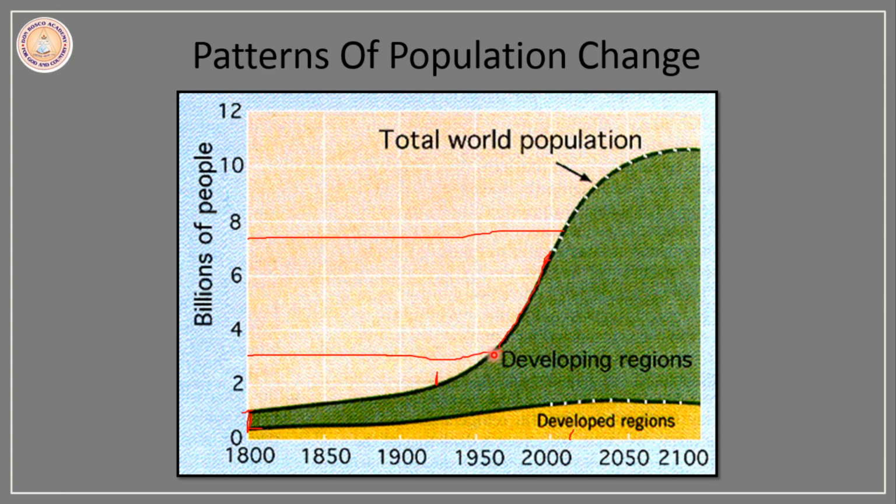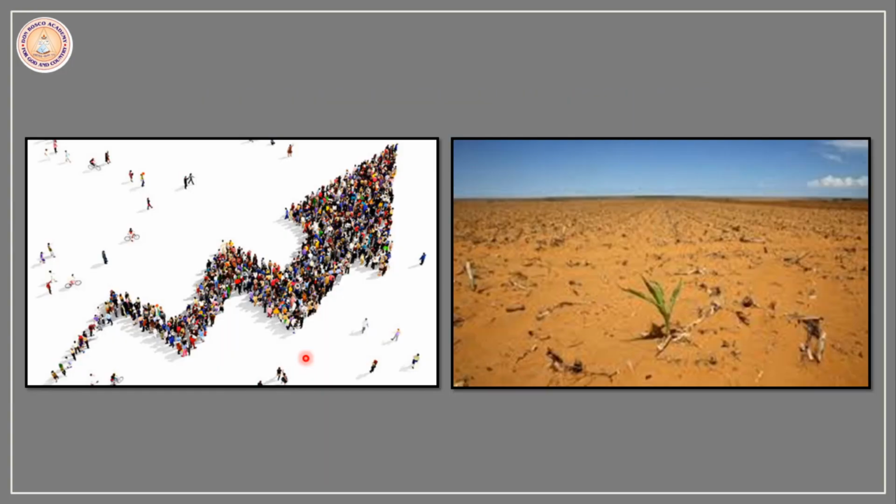So this gradual increase in the world population has become faster with time. Now, the rise in the growth rate of the population led to a number of problems, including the shortage of food.